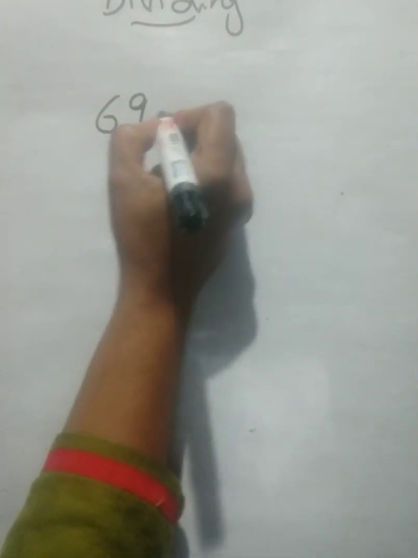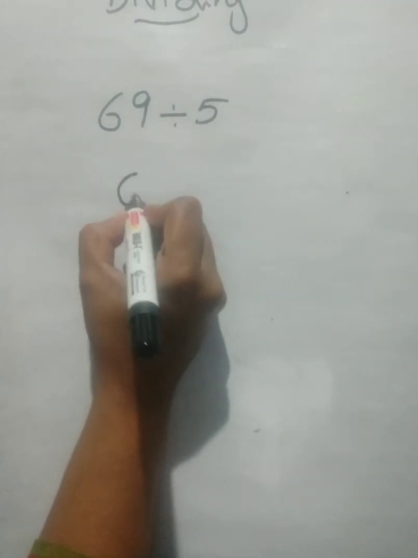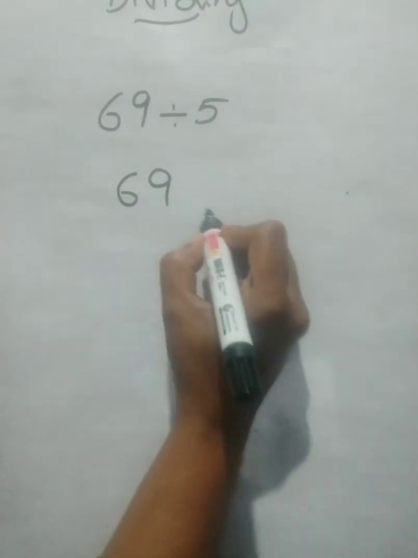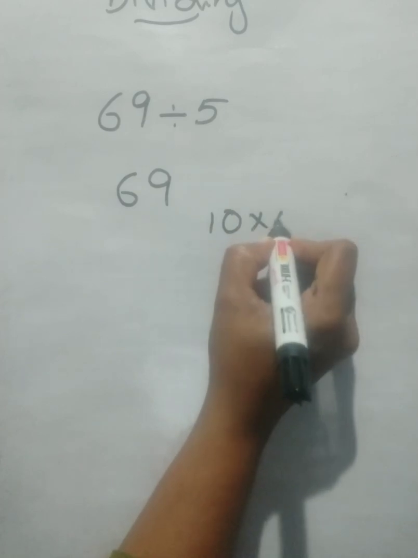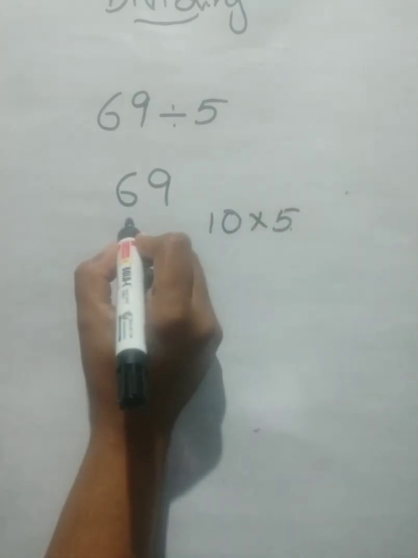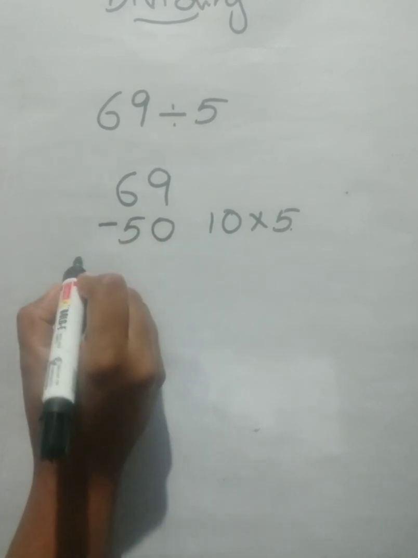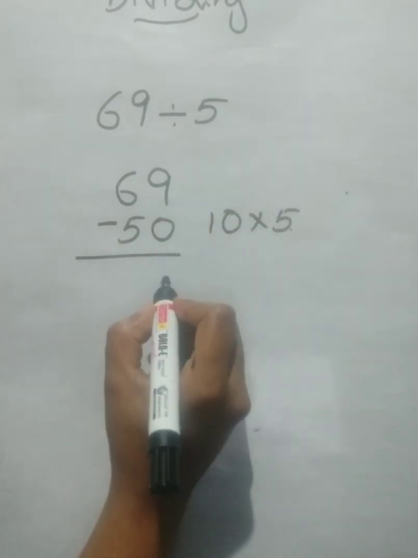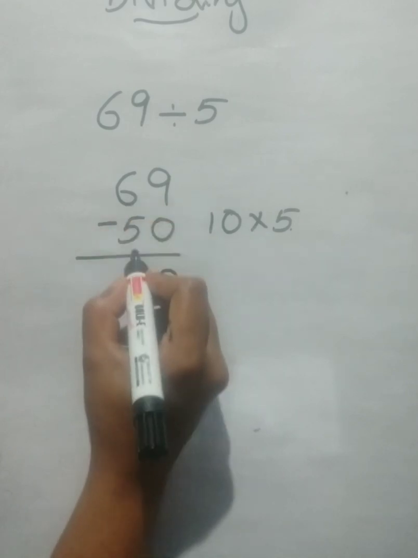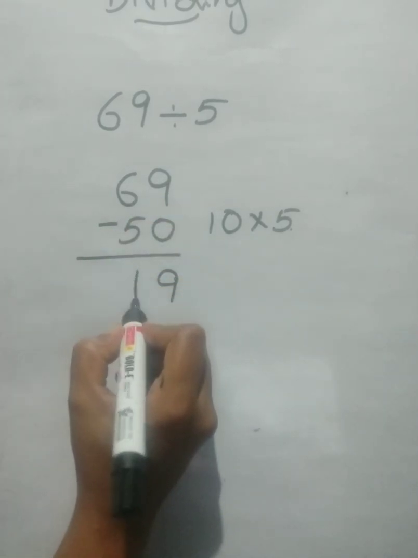Next question. 69 divided by 5. First 69. Then 10 times 5. 10 fives are 50. Then subtract. 9 minus 0, 9. 6 minus 5, 1.